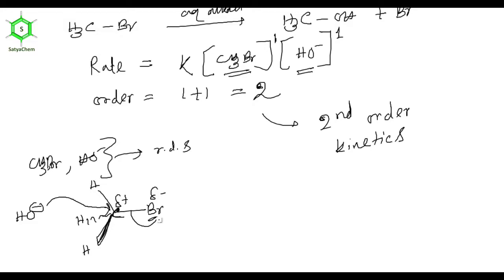Bond making between carbon and oxygen, and bond breaking between carbon and bromine, happen simultaneously. That is a very important thing. So in the transition state, the bond between oxygen and carbon is about to form, and the bond between carbon and bromine is about to break.